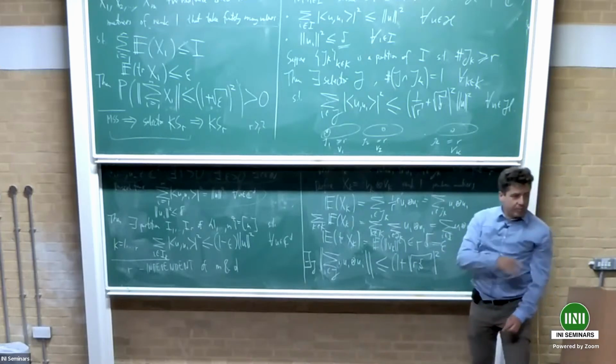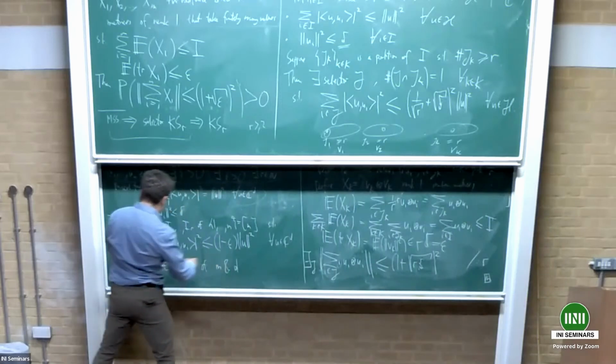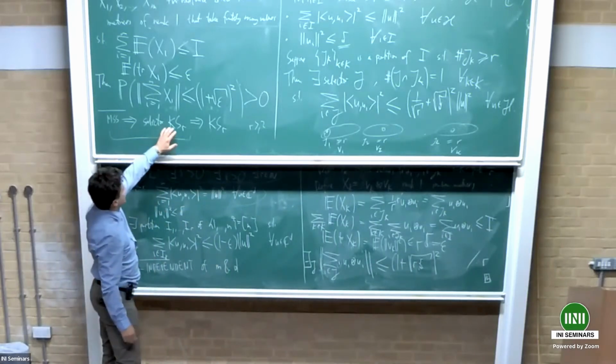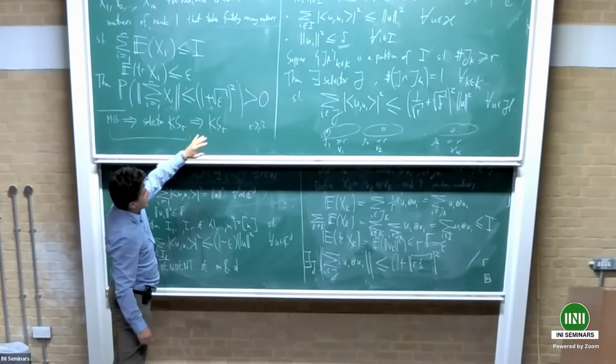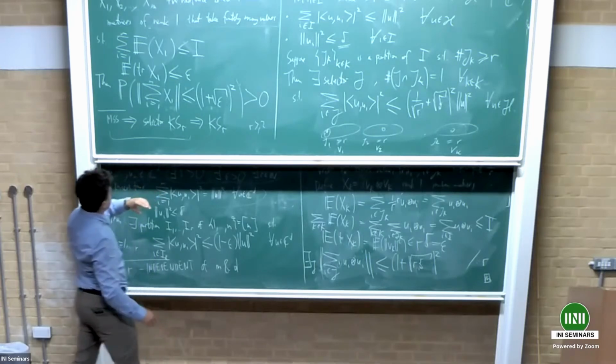And maybe coming back to your question, how does selector KSR imply KSR?